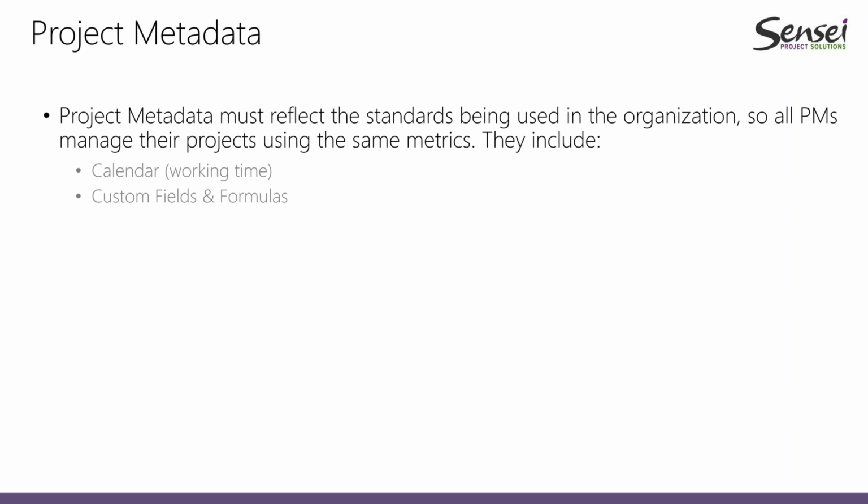The second question is, if you do have more project managers in your organization, do they follow the same rules? Are the same criteria being applied for each one of them?